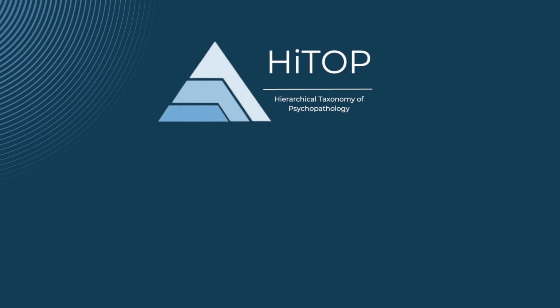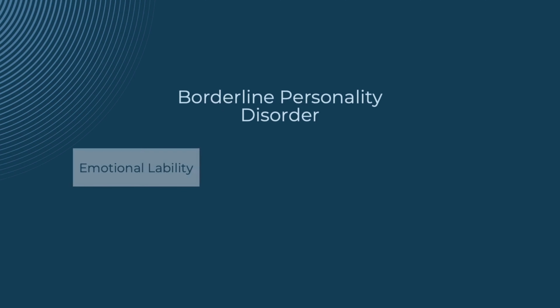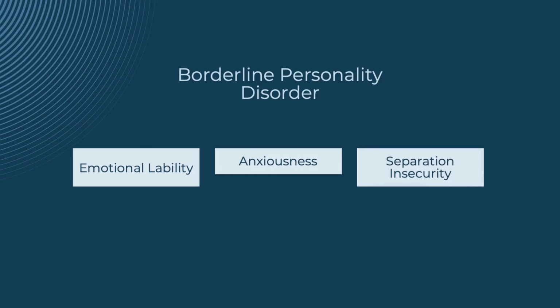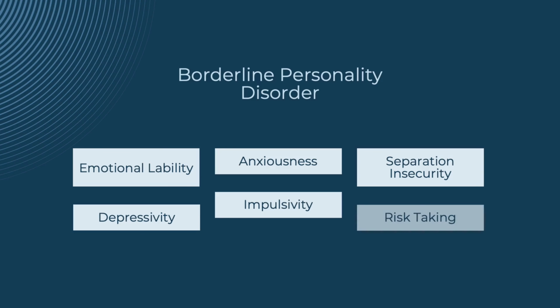From a HiTOP perspective, we can break the heterogeneous diagnosis of borderline personality disorder down into components from the alternative model of personality disorders, such as emotional lability, anxiousness, separation insecurity, depressivity, impulsivity, risk-taking, and hostility.